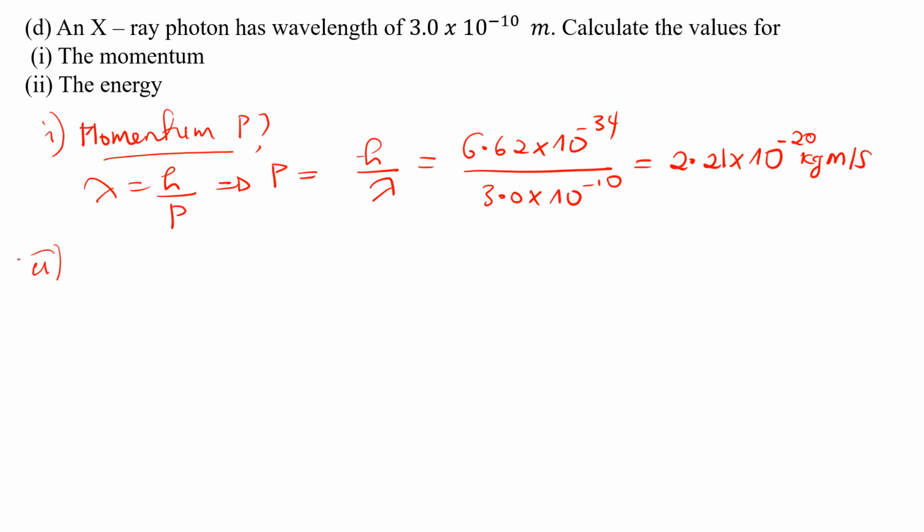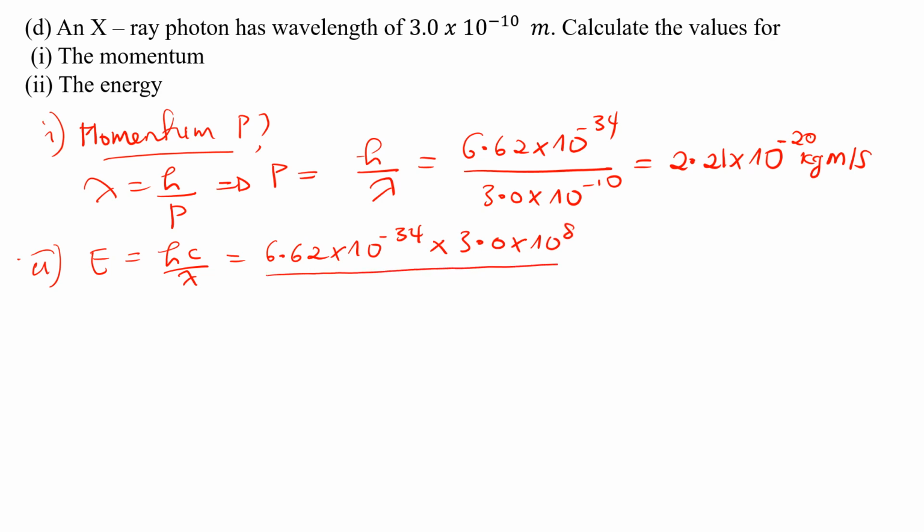Roman 2. The energy E will simply be given by hc divided by lambda, which is 6.62 times 10 to the negative 34 times 3.0 times 10 to the 8, all of this divided by lambda, which is 3.0 times 10 to the negative 10.